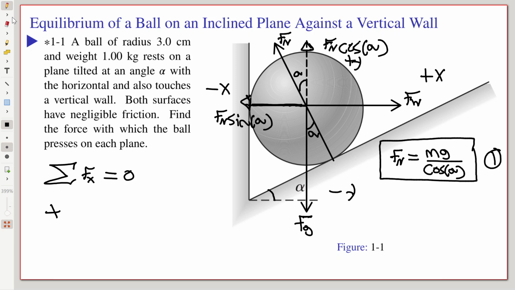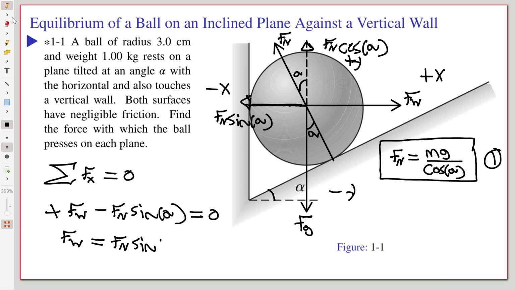We take right as positive, left as negative, down as negative, up as positive. Do not forget that. So we have positive wall force minus Fn sine alpha is equal to 0. In other words, Fw is equal to Fn sine of alpha.